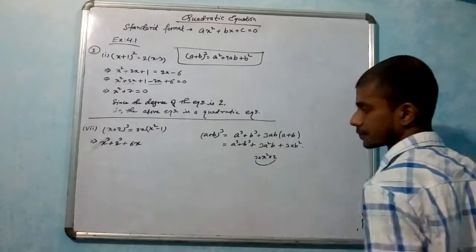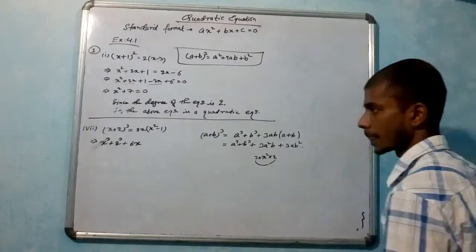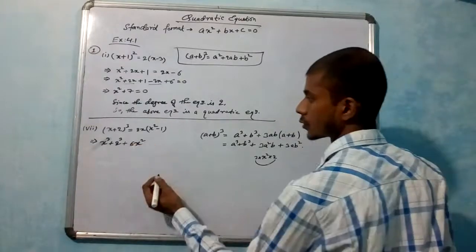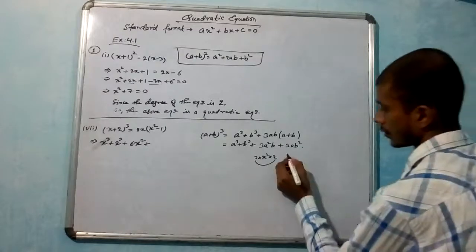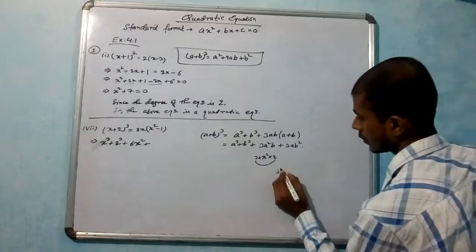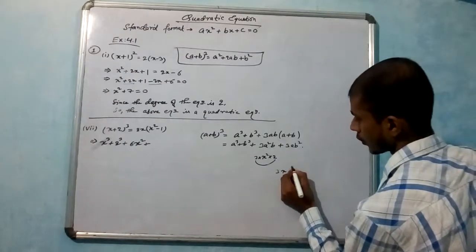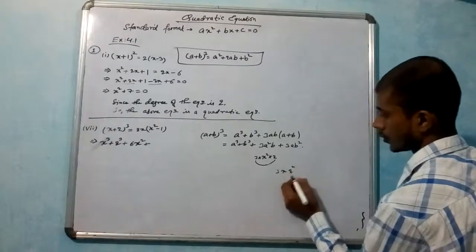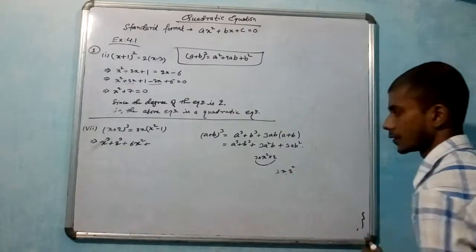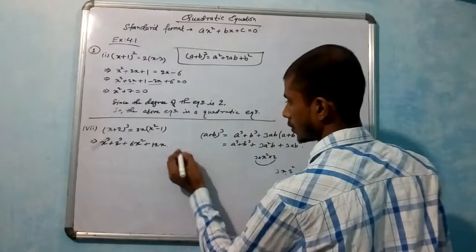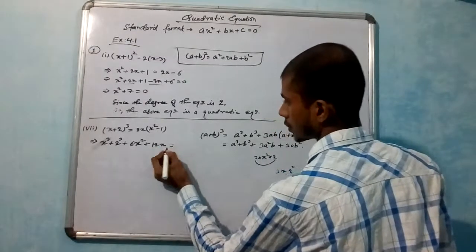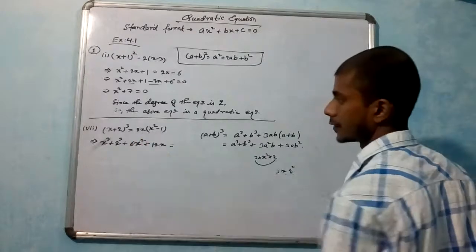Plus 3x into 2 square, that means 2 to the 4, 4 threes are 12, 12x. Is equal to, open the bracket.